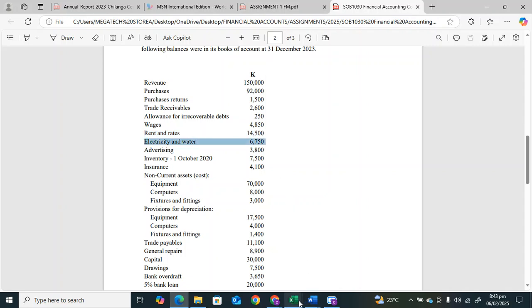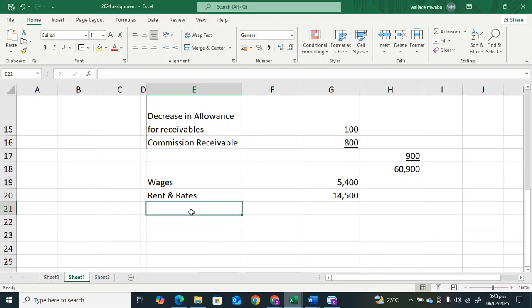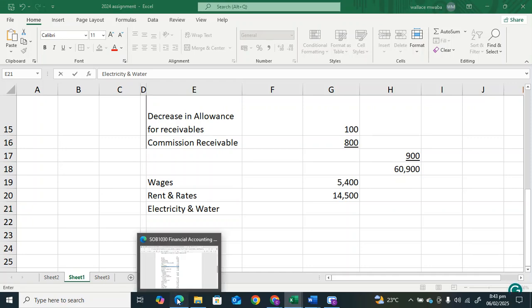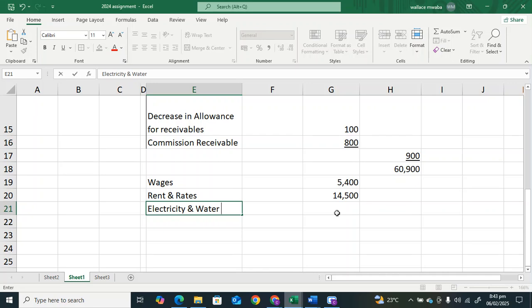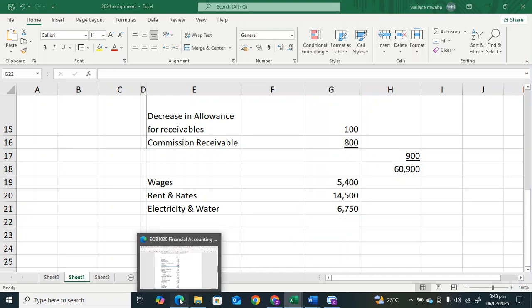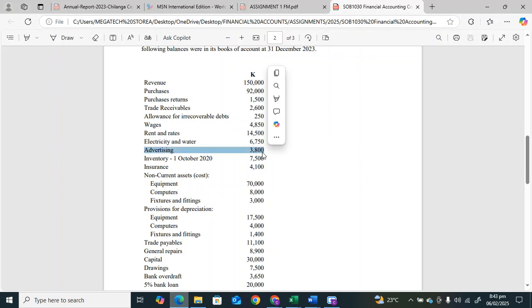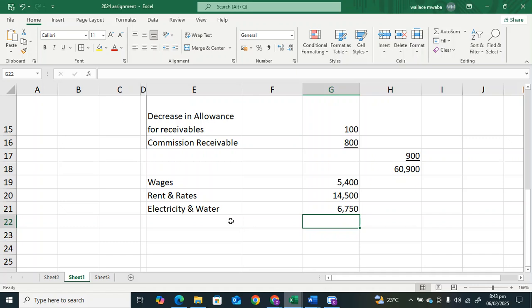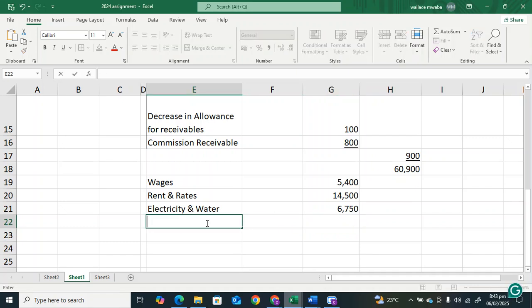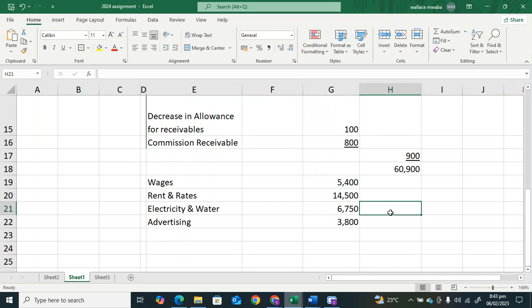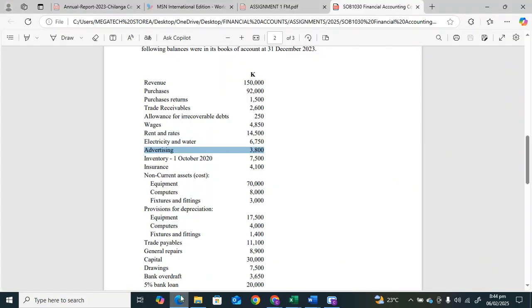Electricity and water 6,750. Advertising 3,800. Insurance 4,100.